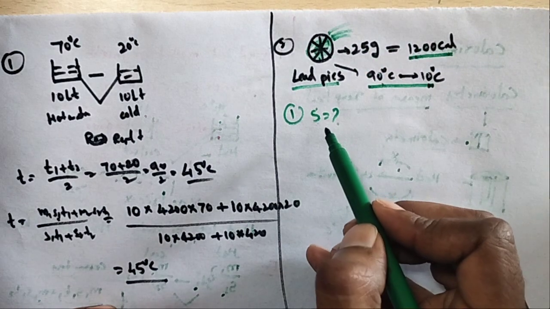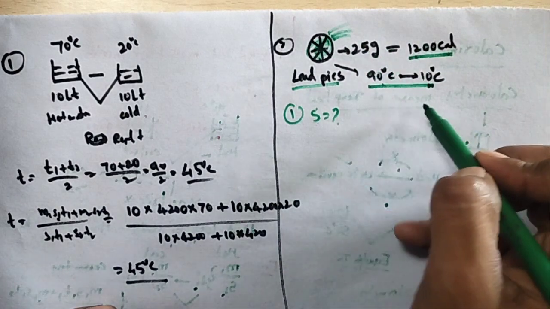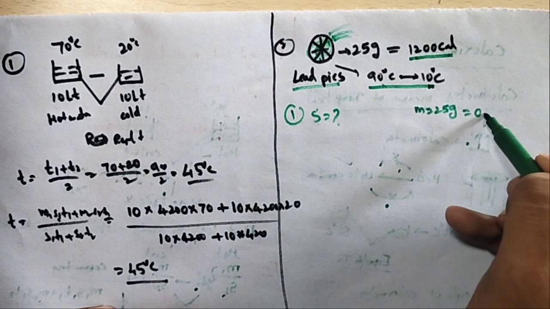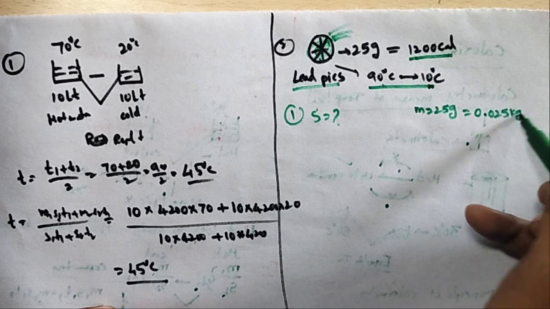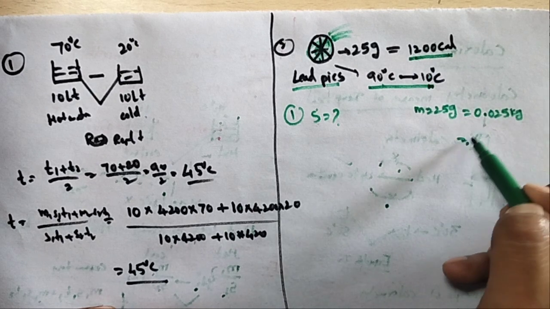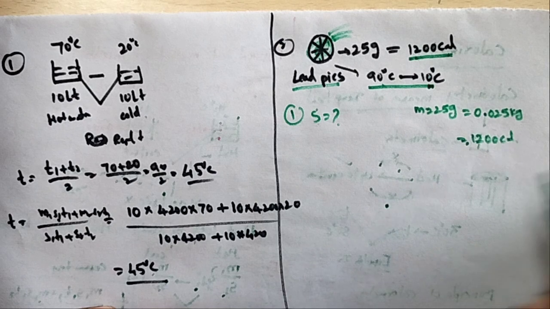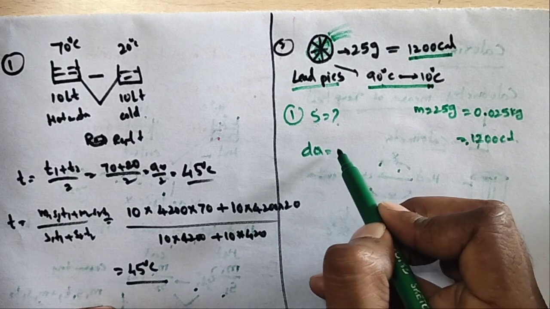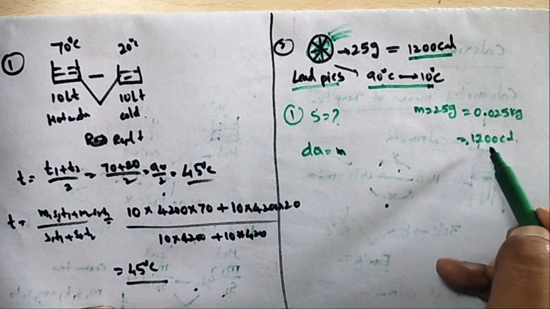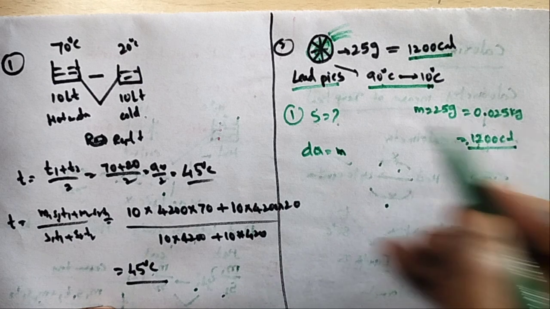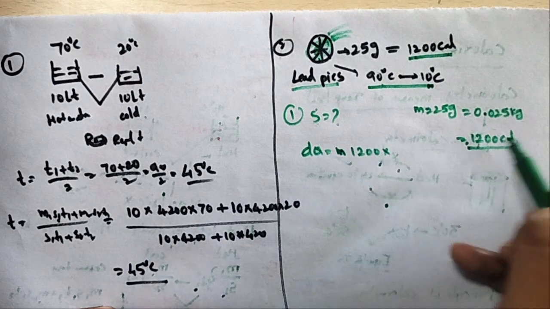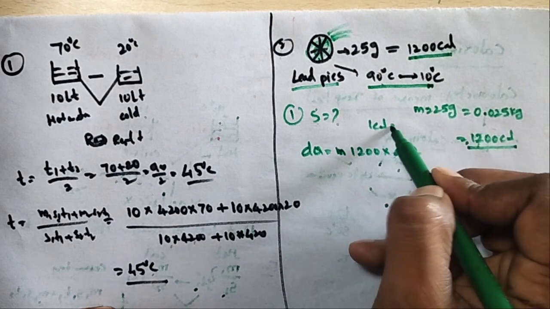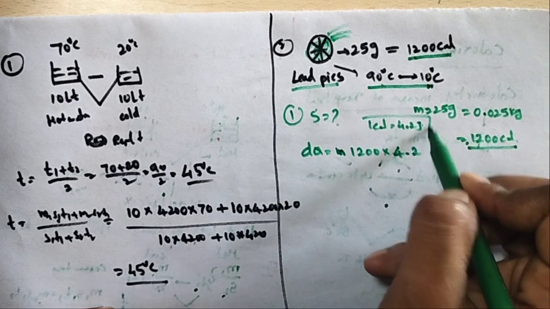So find the specific heat. Here M is given as 25 grams, converted to kgs, 0.025 kgs. How much heat is going outside? 1200 calories, which is converted to joules.